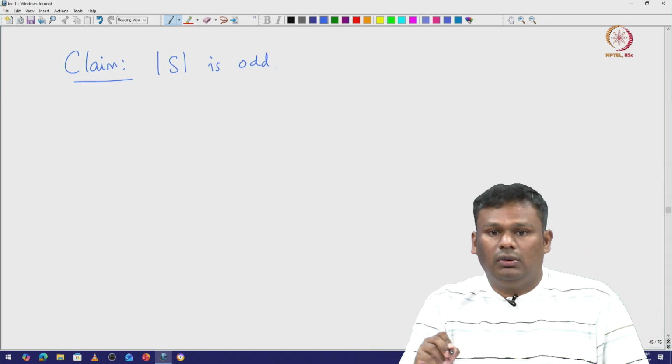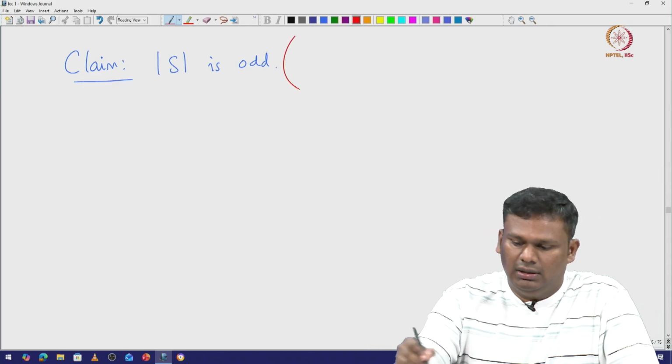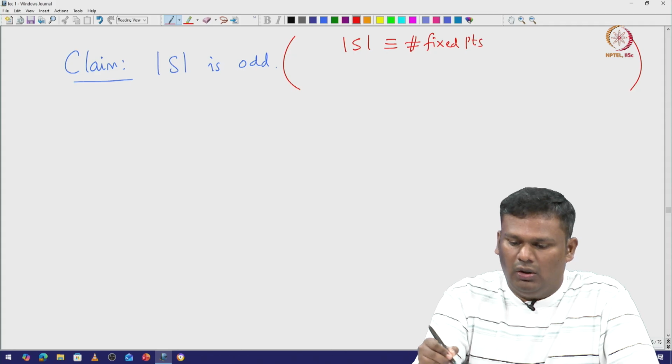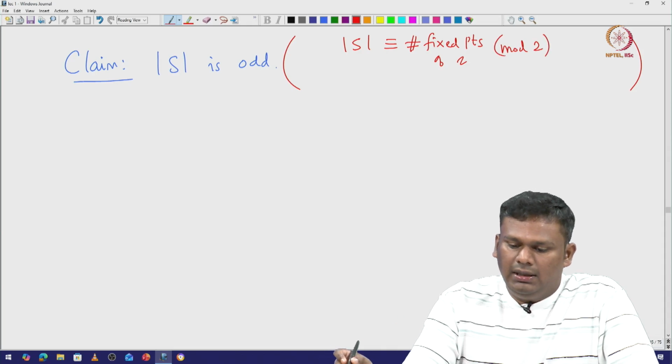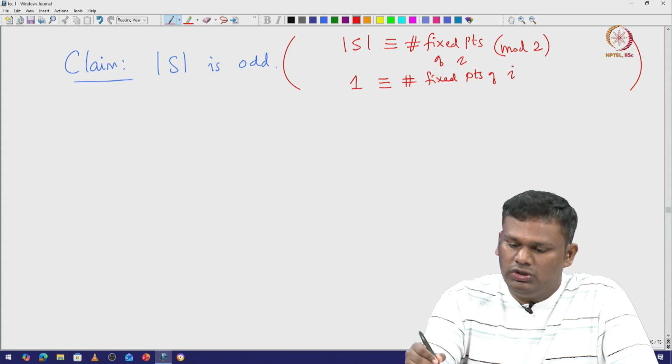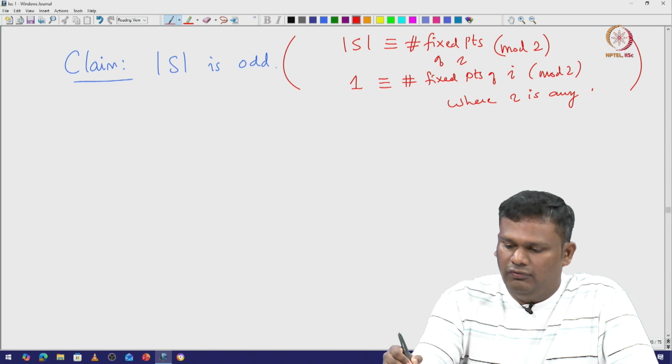So, now if you go back to our observation, the cardinality of S is congruent to the number of fixed points of any involution iota modulo 2, where iota is any involution. So, this tells you that if the cardinality of S is odd, then 1 is congruent to the number of fixed points of iota.